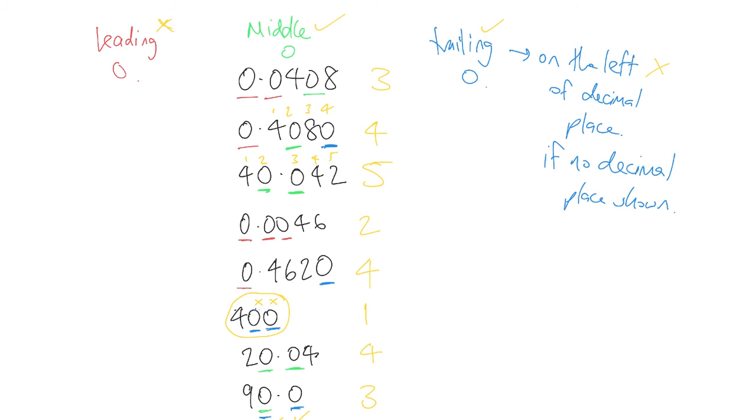In terms of answering a question which asks you, because it will ask you, here's a calculation, report your answer to the correct number of significant figures. How many significant figures should you report it to?